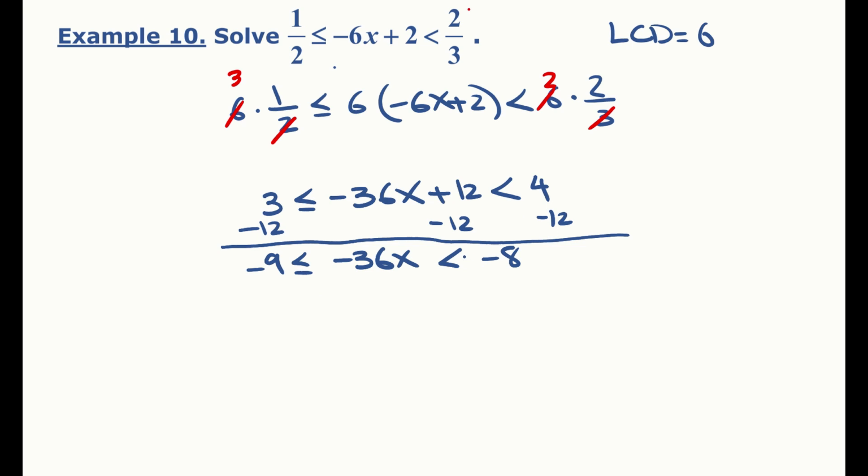So now we're going to go ahead and divide all three parts by negative 36. So like this. When you're dividing or multiplying by a negative number, make sure you don't do it right there. Go to a new line and do it, because you know what needs to happen immediately, right?